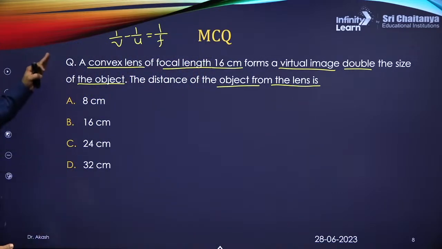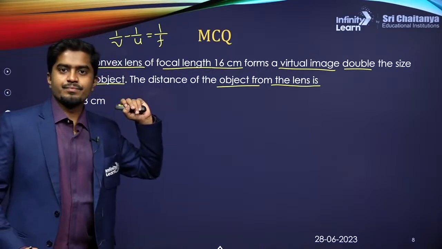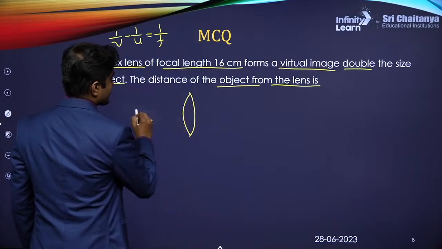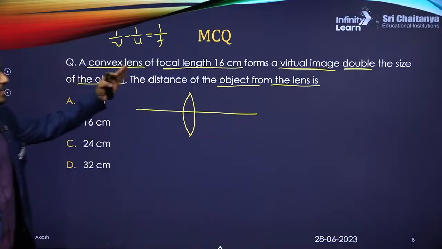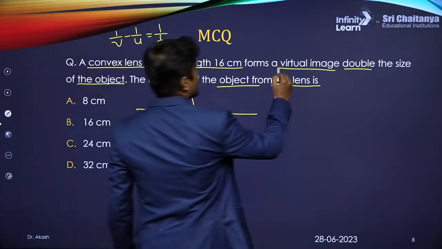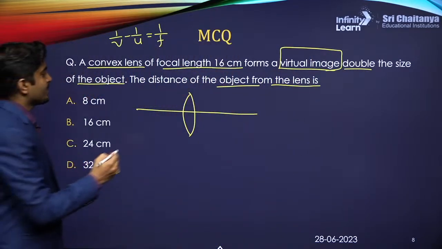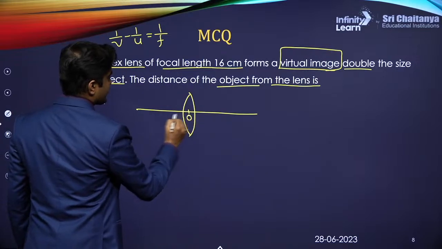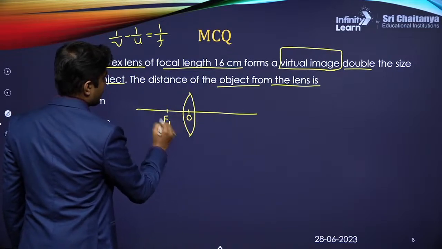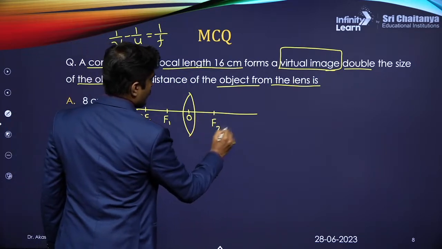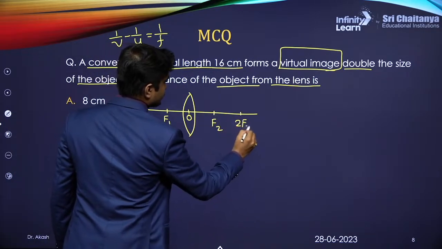So now we have a convex lens, and here we get a virtual image. So when do we get a virtual image? There is an optical center O, there is our F1, 2F1, there is F2 and 2F2.